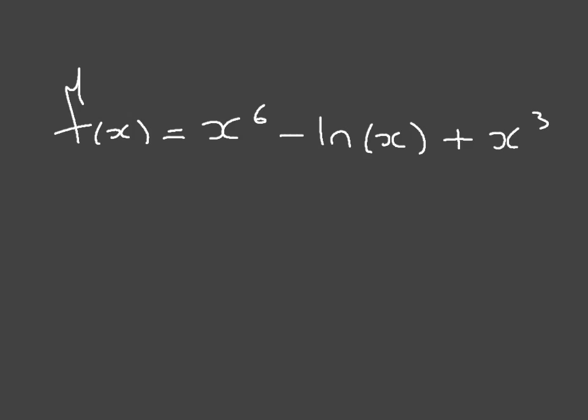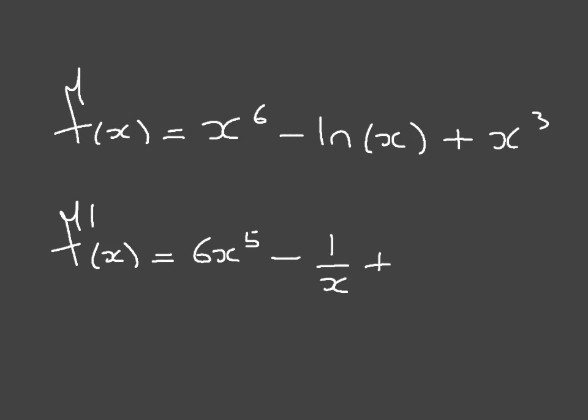And so we can say that the derivative f dash of x is equal to 6x to the power of 5 minus the derivative of ln of x, which is 1 over x, plus the derivative of x cubed, which is 3x squared. And we're done. That would be our final answer. And that is how you differentiate sums and differences of functions.